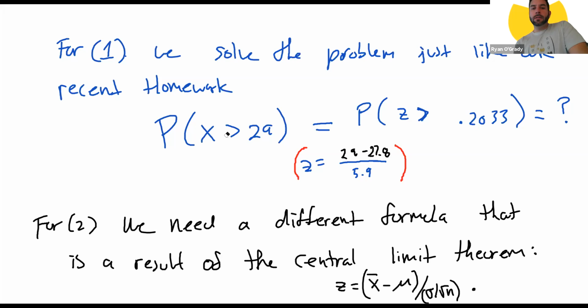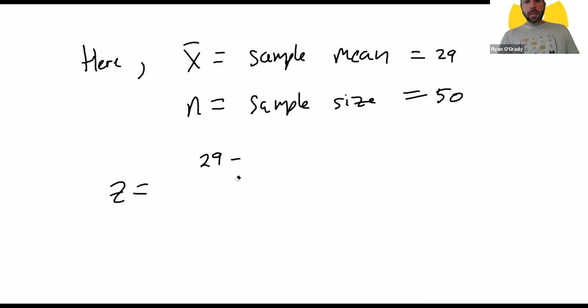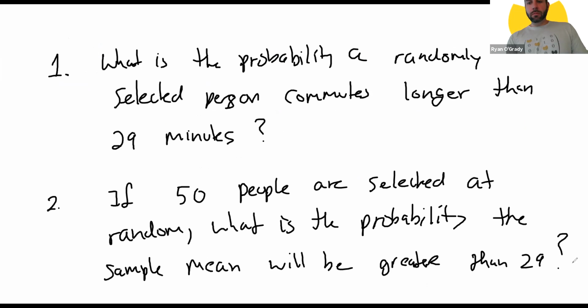Right, because we're asking it's greater than 29, so this is x minus mu over 5.9. Now, the same thing here, this would be 29 minus our mu. What was our mu we were interested in? Well, if you go back to the problem, 27.8.